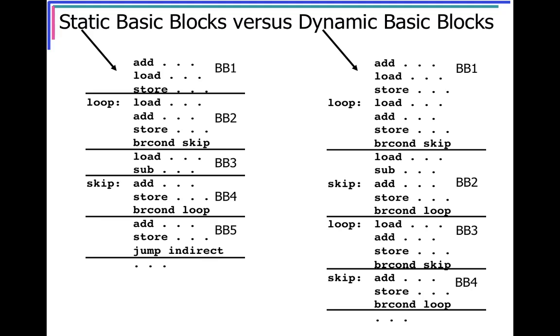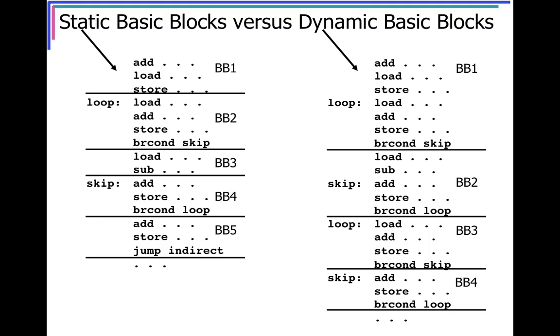Notice that we can make the basic blocks on the fly by executing the code this way. However, our basic blocks have some redundancy in them. Namely, we don't start basic blocks at the target of all conditional branches or unconditional jumps in the dynamic basic block world.